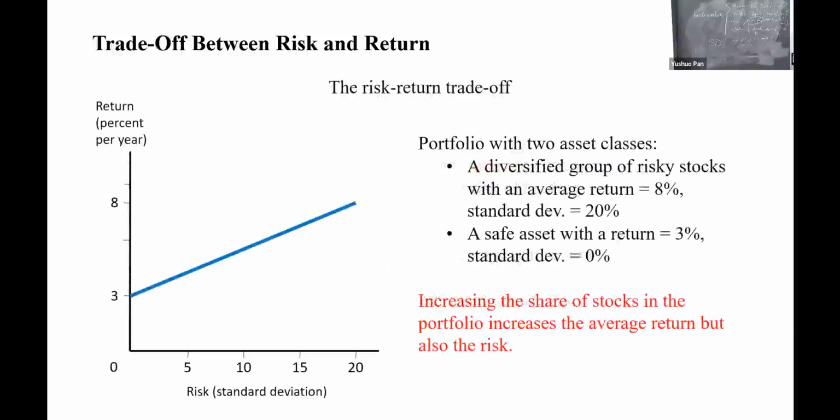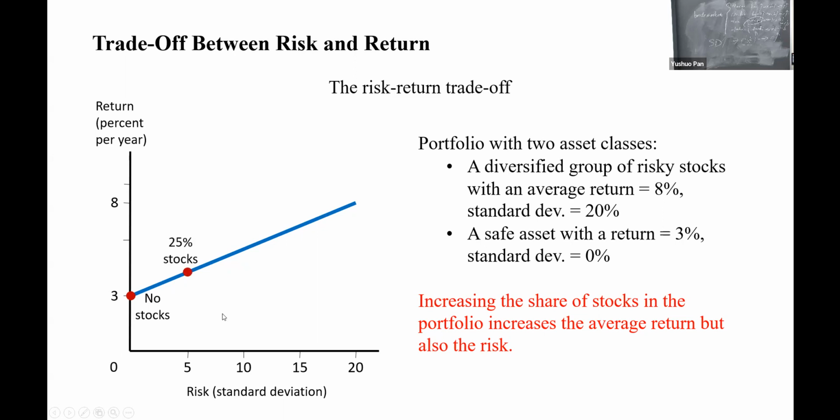The risk-return trade-off: a portfolio with 2 asset classes. You can see when my asset has no stock, my risk is really low, and my return is still low, like 3%. You can imagine this as the 10-year US Treasury bond, that's the risk-free rate, the safest interest rate you can earn per year.